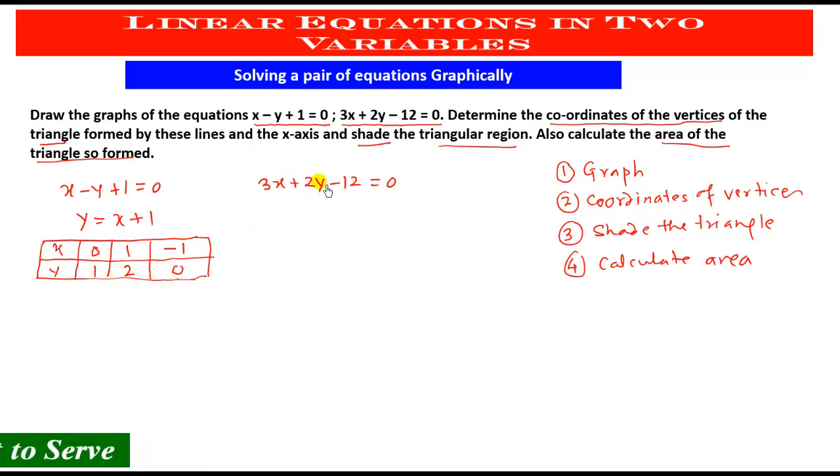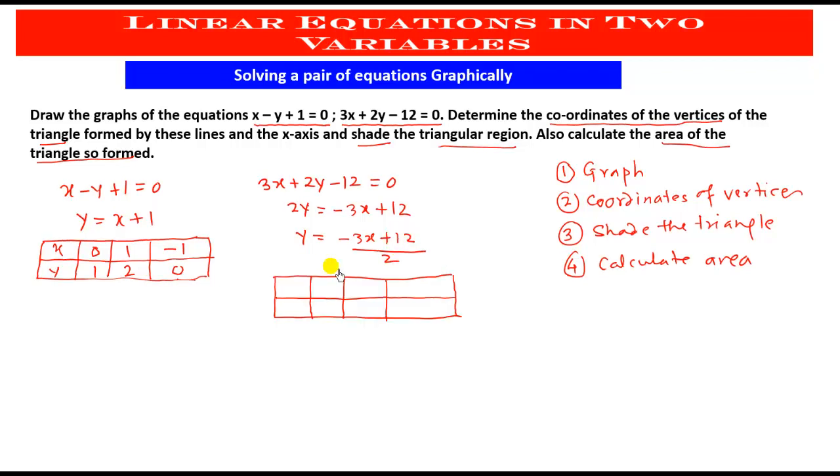Then for the other equation we write y in terms of x, so it will be 2y is equal to minus 3x plus 12, and therefore y is equal to (minus 3x plus 12) upon 2. Now here also we take three suitable values of x and find the corresponding values of y.